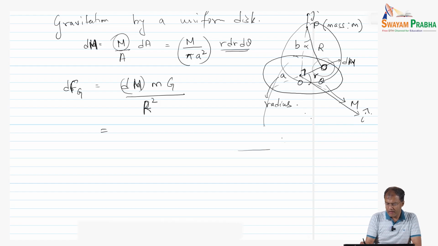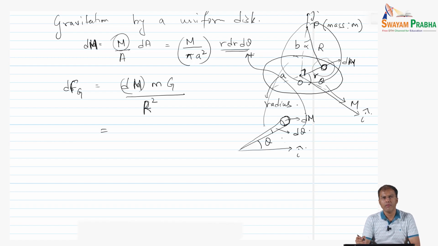So if this d capital M is making an angle theta with the x-axis, then this particular mass also spans a small angle d theta, right? And that is the same d theta that we are talking about here.